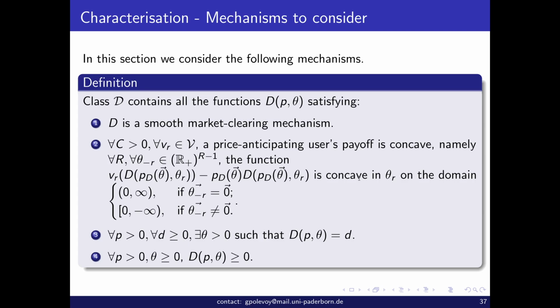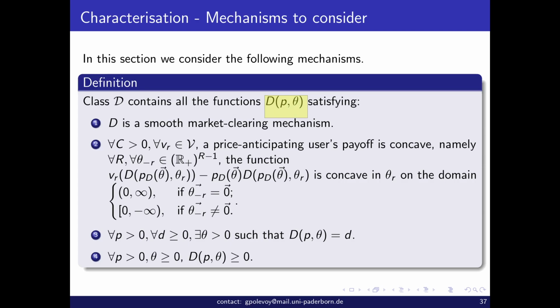So let's continue. We are about to characterize something in general. We finished by defining a class, denoted by this stylized D, which contains all the functions, and the functions are the smooth market clearing mechanisms.